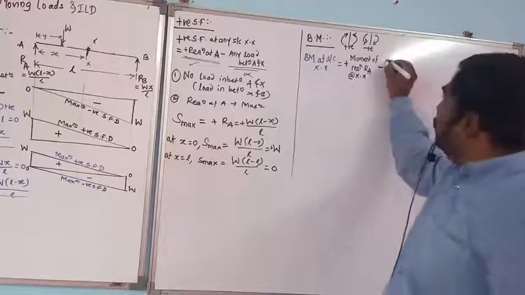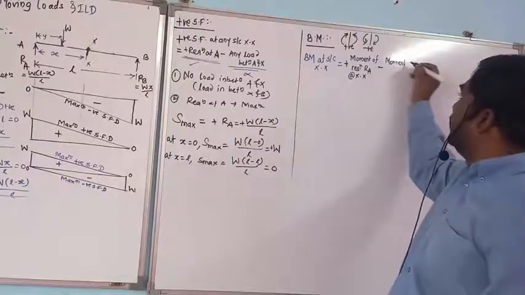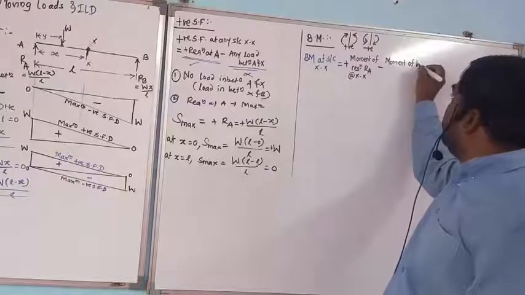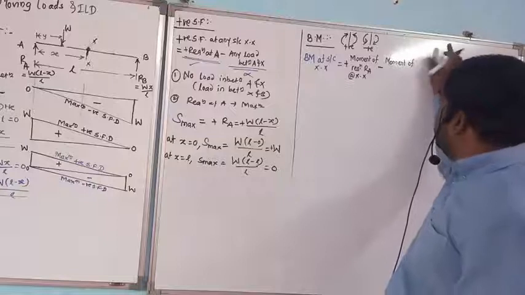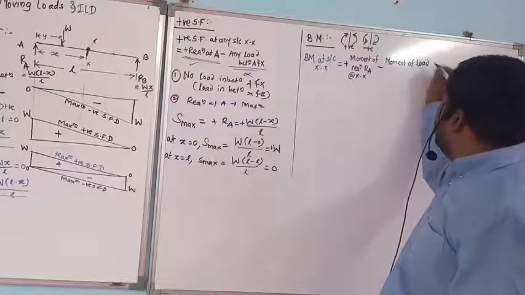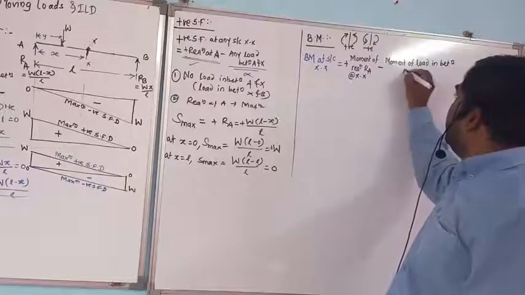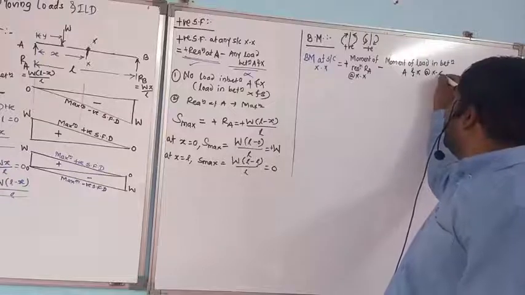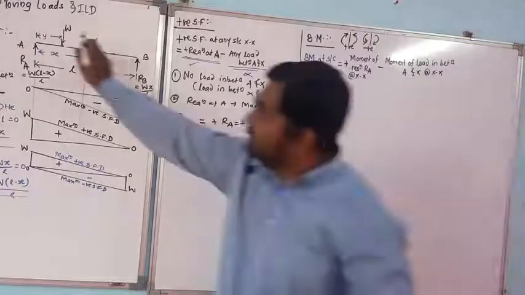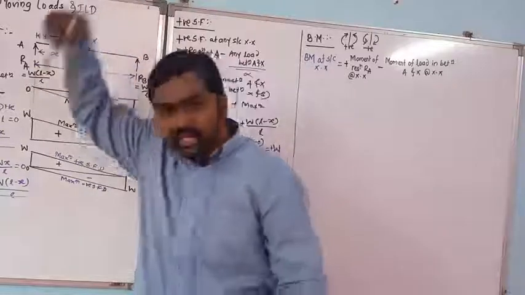But here, in wording format, I will write the moment of W, or moment of the load in between A and X about XX. Moment of this load in between A and X about section XX.